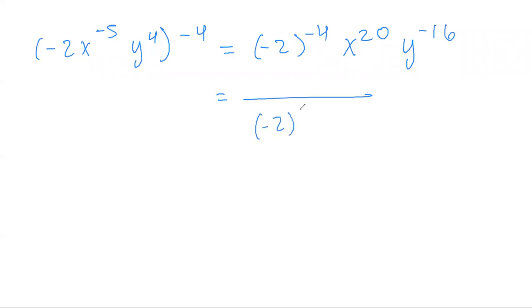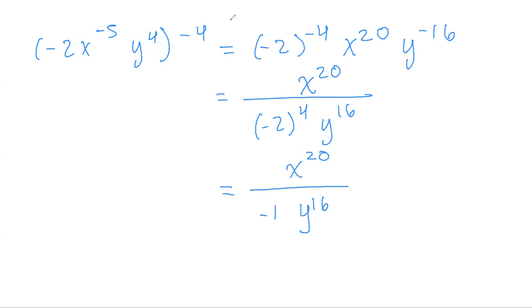So I'll just have negative 2 to the fourth, and then y to the 16th, and then x to the 20th. And if I wanted to simplify negative 2 to the fourth, that would just be, I think, positive 16. Yes, okay. So that'll be the solution there. So that's the gist here when we have a power over power. You just multiply, but you also distribute it onto everything.